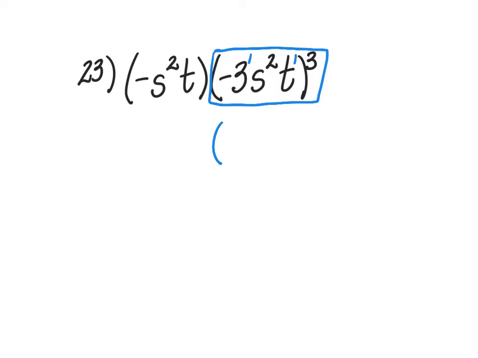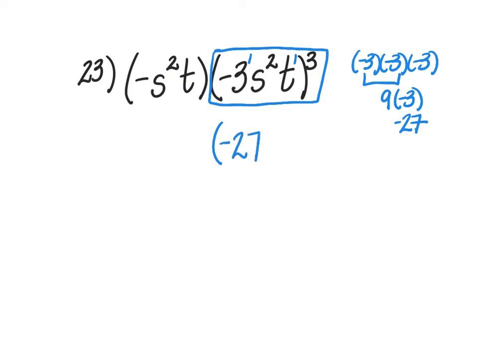So this means for looking at my coefficient, I have negative 3 times negative 3 times negative 3. So I'm doing this all together because of that negative. So negative 3 times negative 3 is a positive 9 times negative 3 is negative 27. So that simplifies to negative 27.